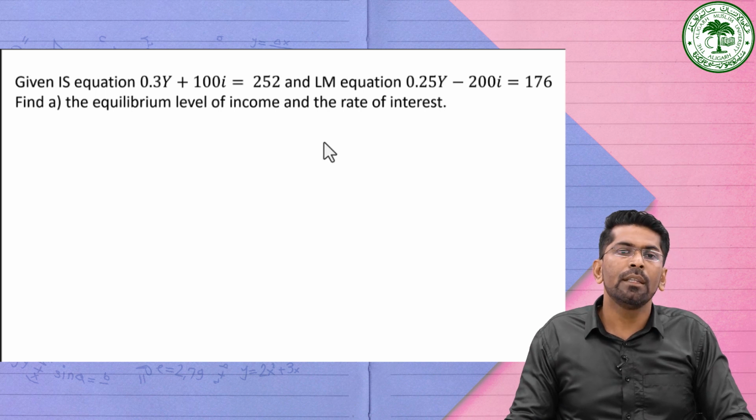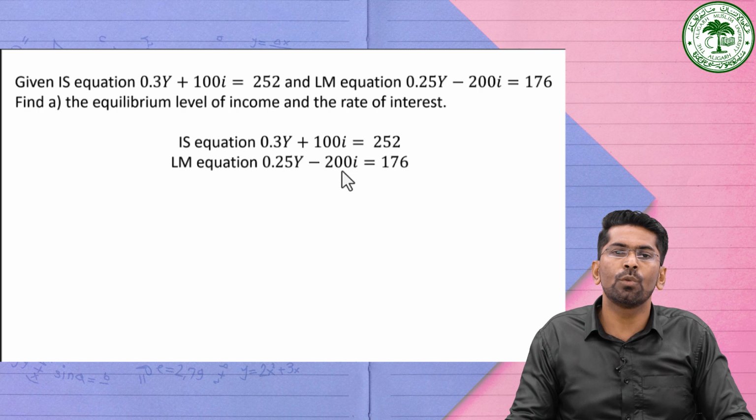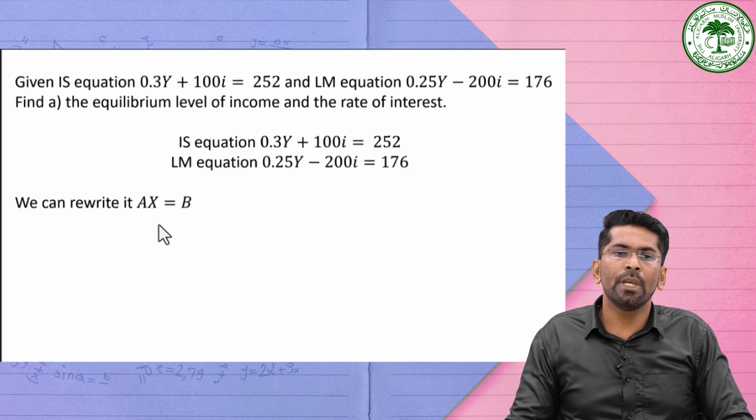So here the IS equation is 0.3y plus 100i is equal to 252, and the LM equation we have is 0.25y minus 200i is equal to 176. So we have a system of linear equations. We are going to write this equation in the form of Ax is equal to b. Here A is the coefficient of the variables. The variables are y and i.